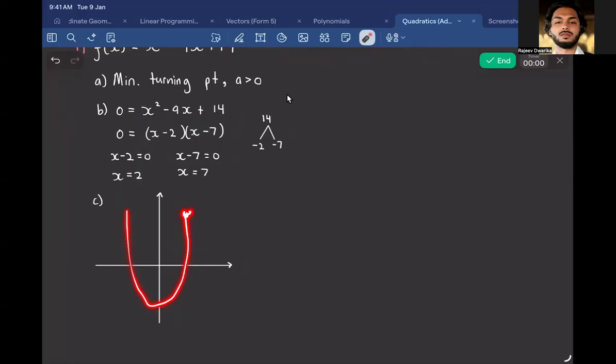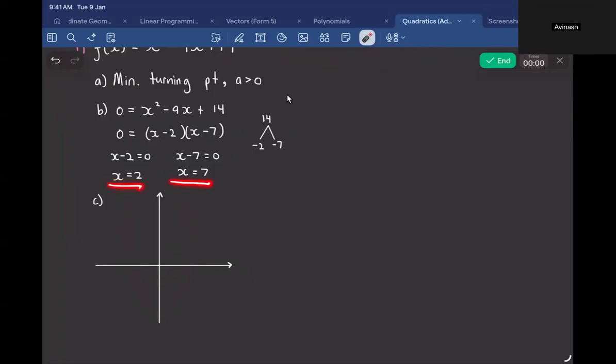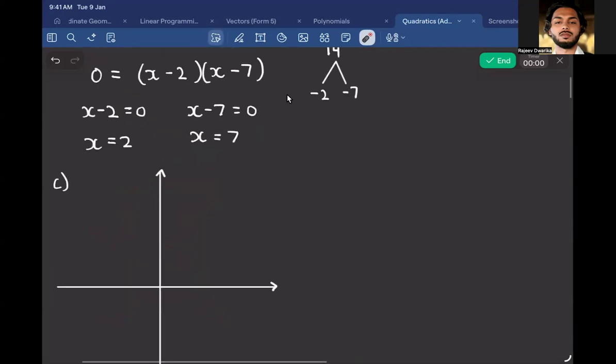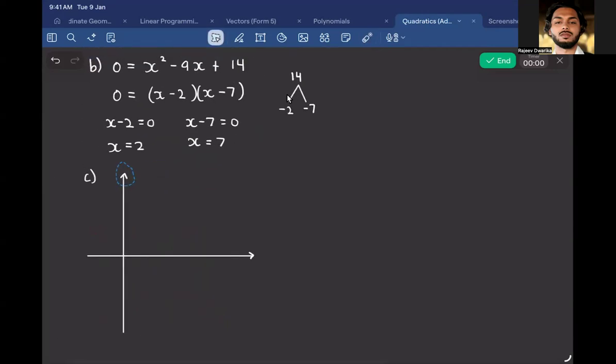No, because there are no negative x values. Exactly. There are no negative x values. Are you seeing any negative x values here? No, sir. So if you do this, that's wrong. You can't do that. This is what it's supposed to look like.